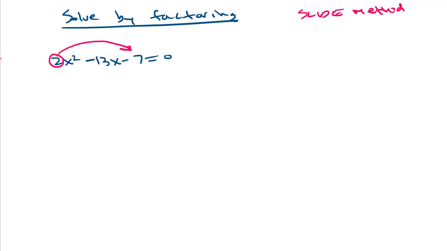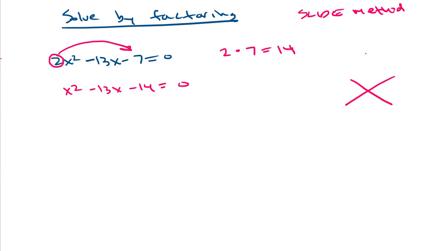Okay, so we're going to have x squared minus 13x minus 14 equals 0. What we did was just take 2 and multiply by 7, and that gave us our 14. Now what we want to do is find factors. So I have my center. Maybe write it over here.